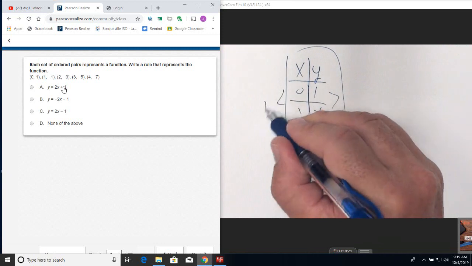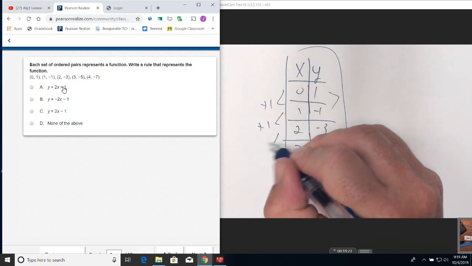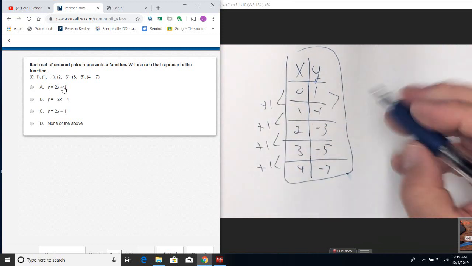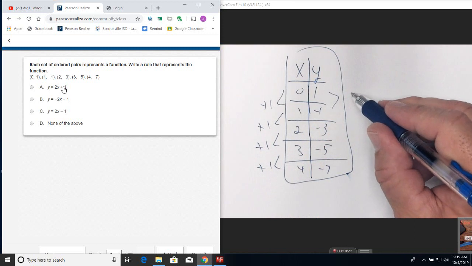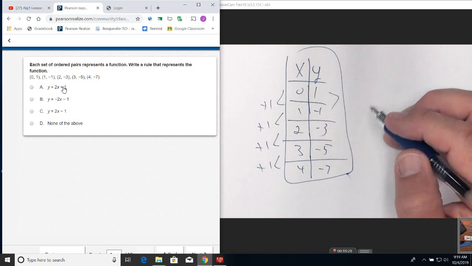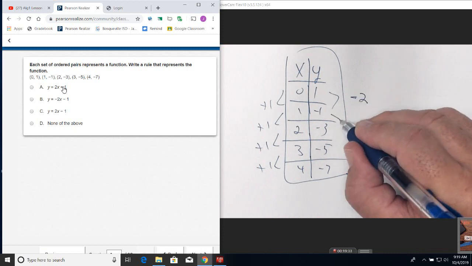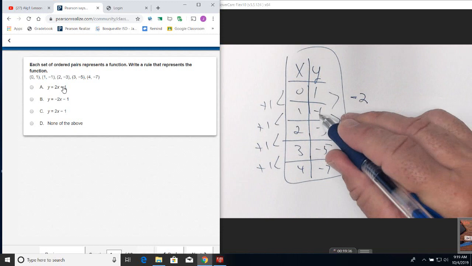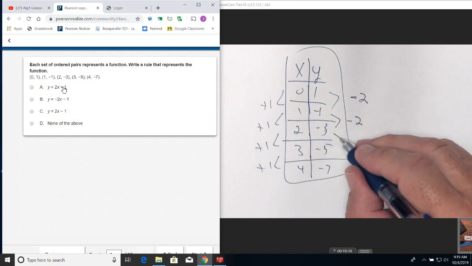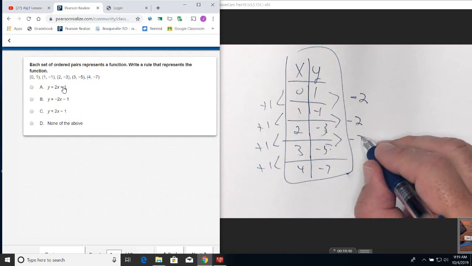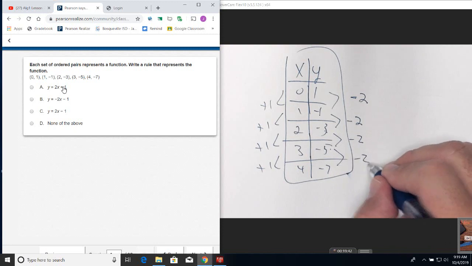Well, look, my x's are increasing by 1, by 1, by 1, by 1. As my y's are doing what? To get from a 1 to a -1, that's a decrease of how many? Very good, 2. From a 1 to a -3 is a decrease of 2. From -3 to a -5 is a decrease by 2.